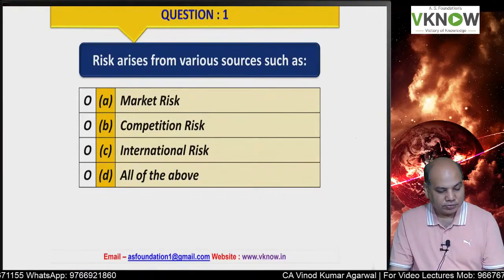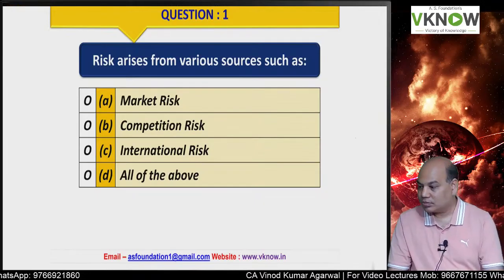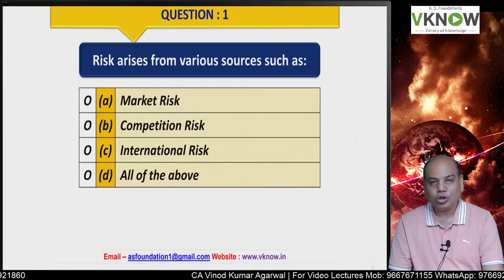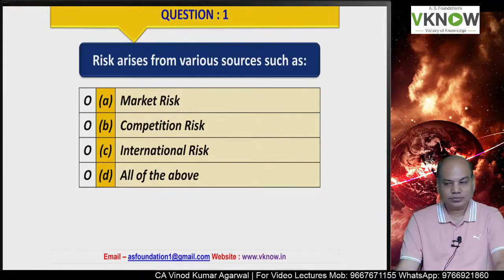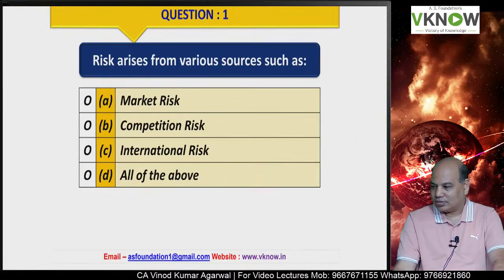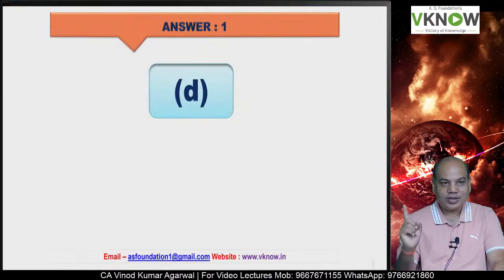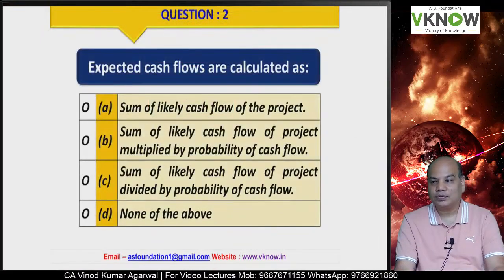Answer first question. Risk arises from various sources: market risk, competition risk, international risk, all of the above. Which option is right? Very good. You have given the correct answer D. Option D is right.